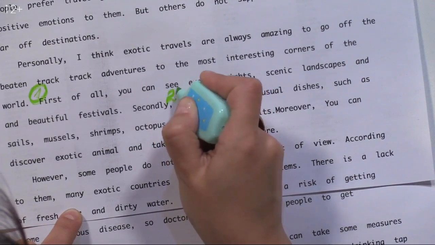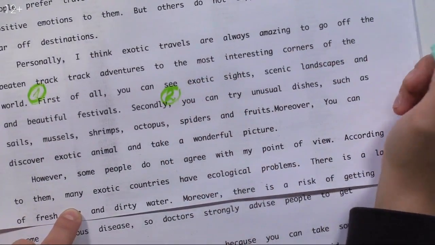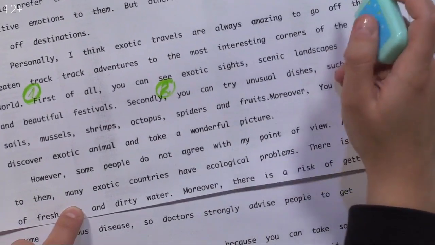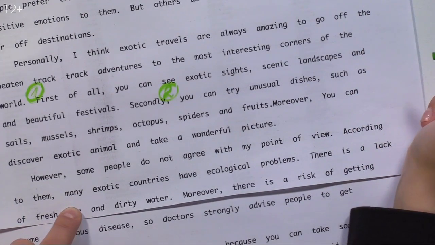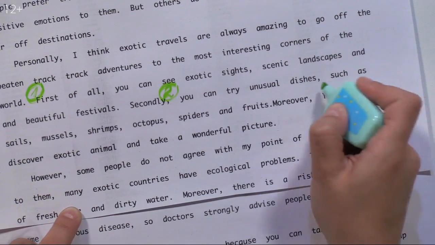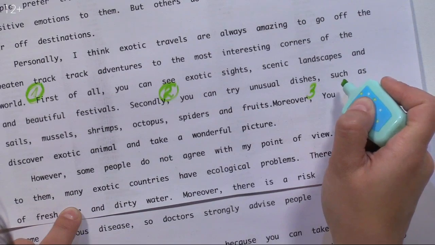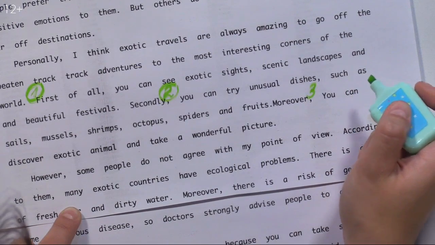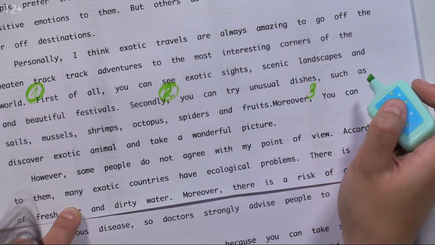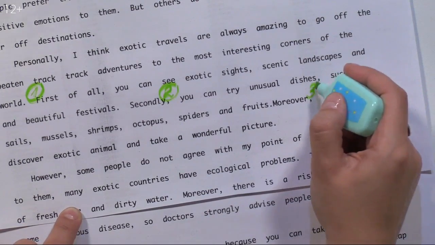Another reason to go to exotic countries is that we can try unusual food, and this is fair enough. And the third argument is that we can discover exotic animal and take wonderful pictures.